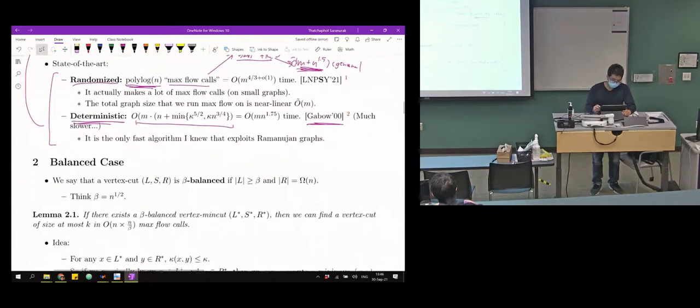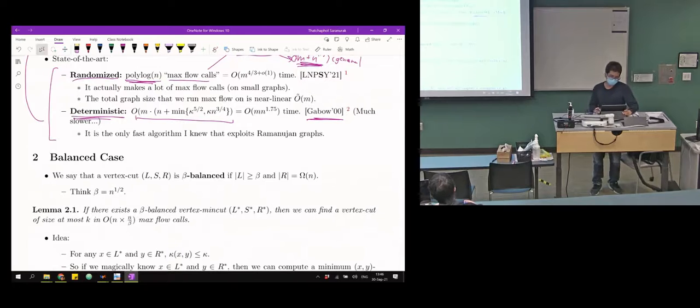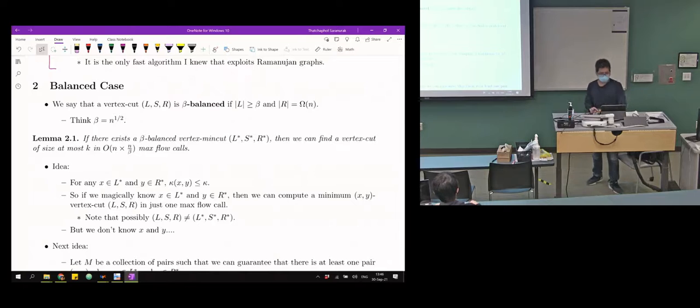And actually, this is the only fast algorithm I know that explicitly exploits Ramanujan graphs. Maybe there are more examples, but this is the only one I know.